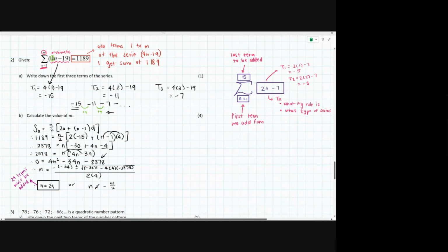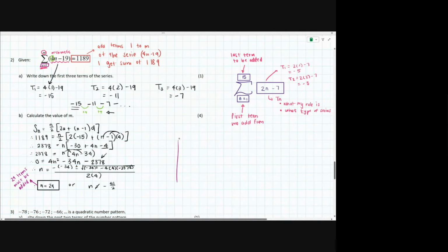It doesn't necessarily say to me that I'm going from 1 to 29 terms. In this case, I am, but we need to be very careful. And I'll explain what I mean by this in a second. So in this case, because I do start at term 1, I know that term 1 to 29 would mean I would need to add 29 terms. And so m would be equal to 29.